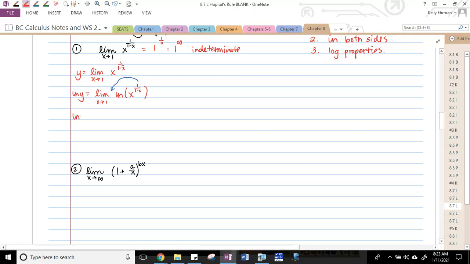So we have natural log of y equals, remember not to drop your limit notation until you actually sub in 1. So now that equals, if you pull a 1 over 1 minus x out in front, you're going to have a natural log of x in the top, and you're going to have a 1 minus x in the bottom. So if you'd like one more step for your notes, let's put that up here.